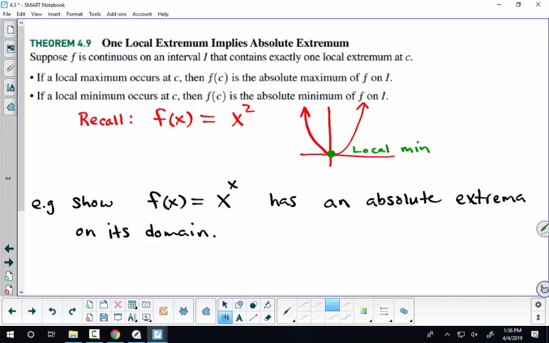So knowing that it's the only local minimum tells us by this theorem that it's also the absolute minimum.